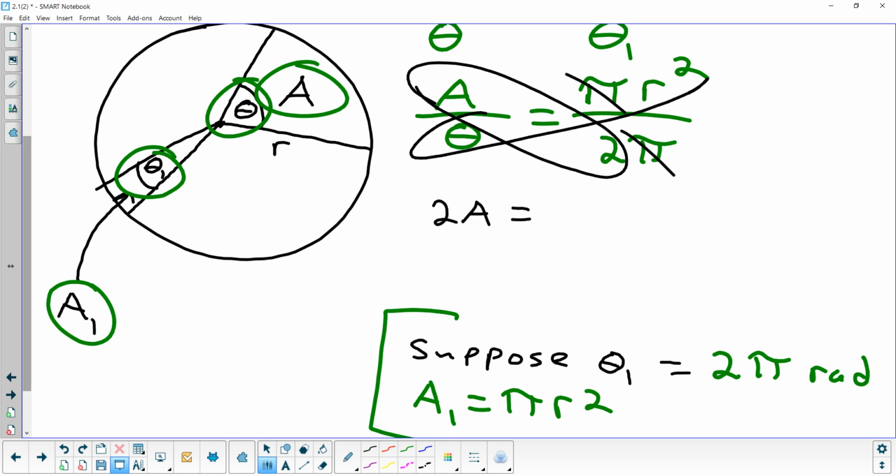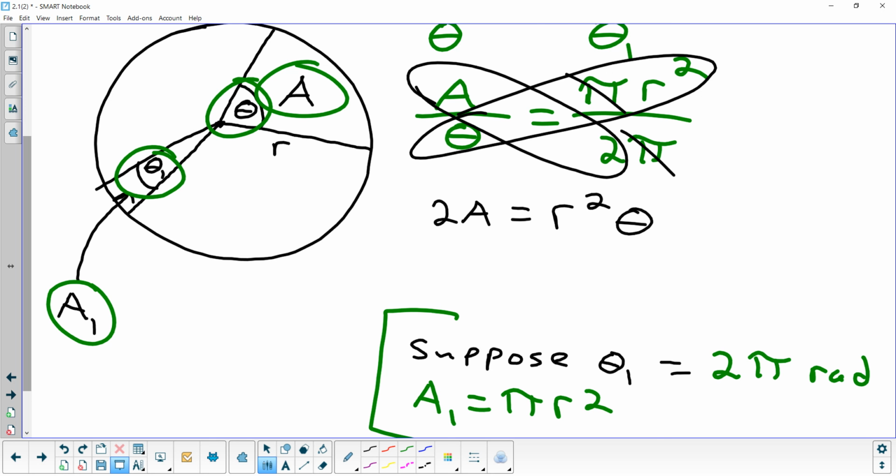Equals. Now we'll cross multiply that. Theta r squared. That's just r squared times theta. You can't do anything with it. Now that's almost our formula for area, but what don't we want next to the a? If we're trying to get a formula for area. Right now we have a formula for double area. Yeah? We don't want the 2.